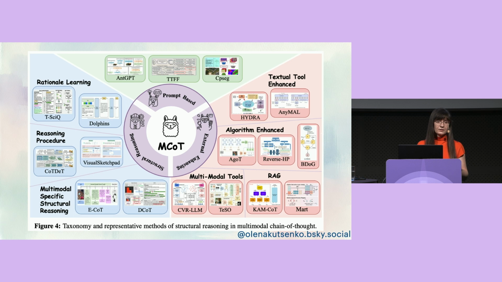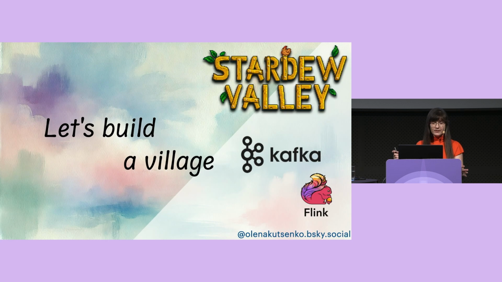And right now, I think that those models which are based on chain of thought are more popular and more effective, even though they're slower and more expensive. So that's a drawback.